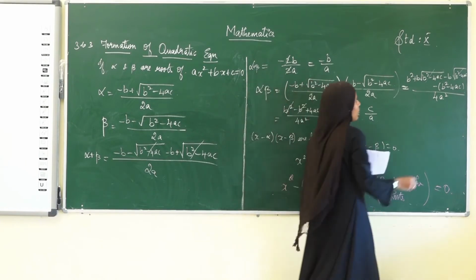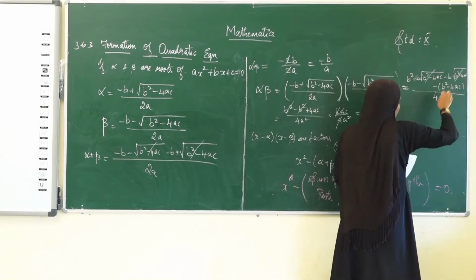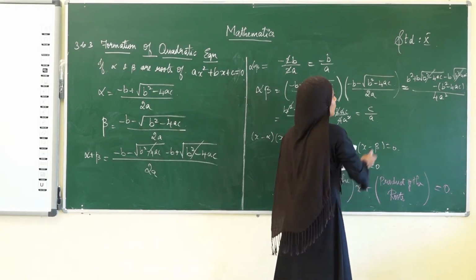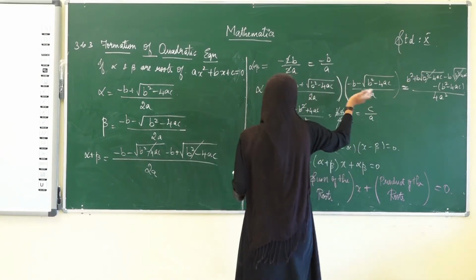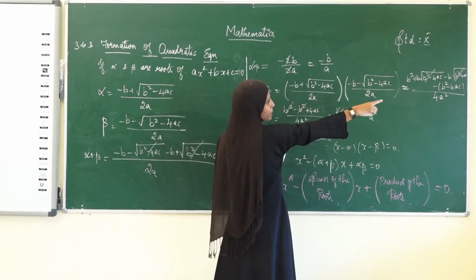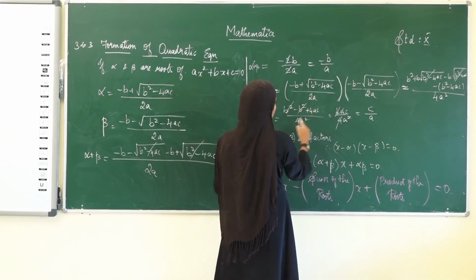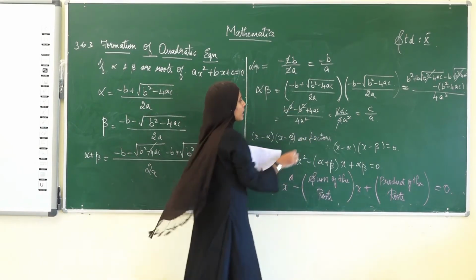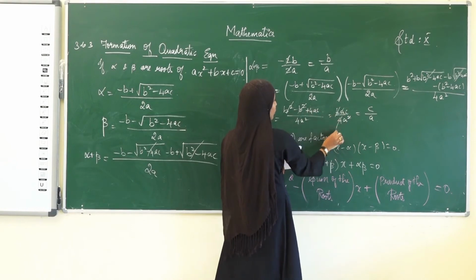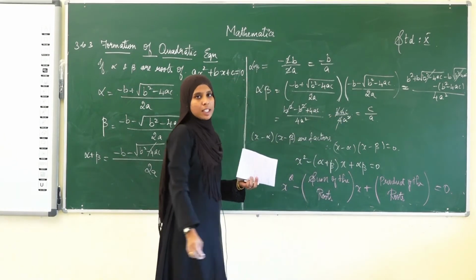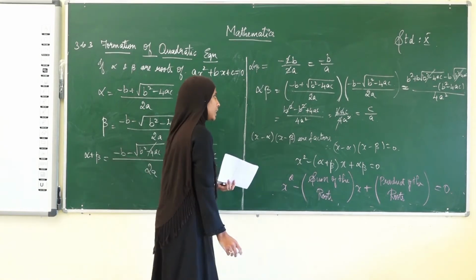In this, the second and third terms are of opposite sign, therefore they get cancelled. The remaining terms are b square minus b square. The minus gets multiplied inside, giving minus b square plus 4ac divided by 4a square. This b square minus b square gets cancelled. 4ac divided by 4a square, the 4 gets cancelled, and one a in the denominator gets cancelled. The remaining term will be c divided by a.